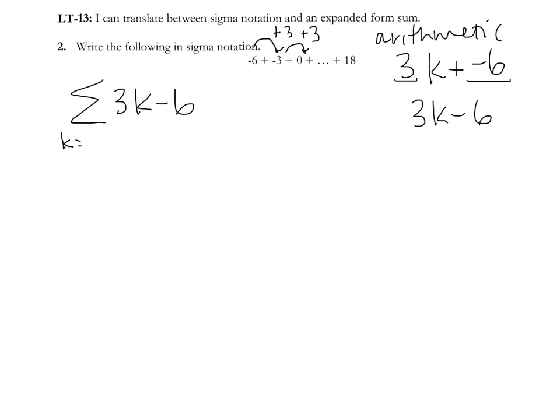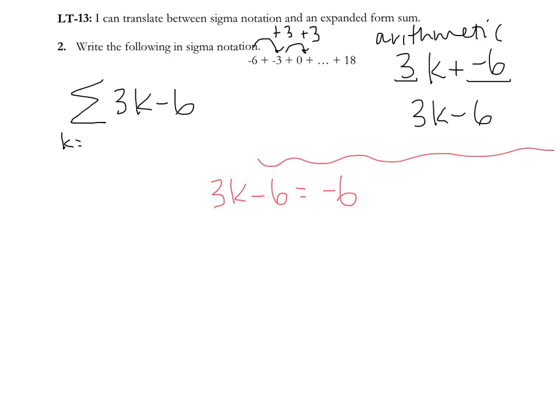So one way of thinking about that is to say, well, we know that the inside function formula, we're supposed to plug some k into that, and we're supposed to get out negative 6. So you can think about that sort of like an equation: 3k minus 6 needs to equal negative 6 for some value of k.